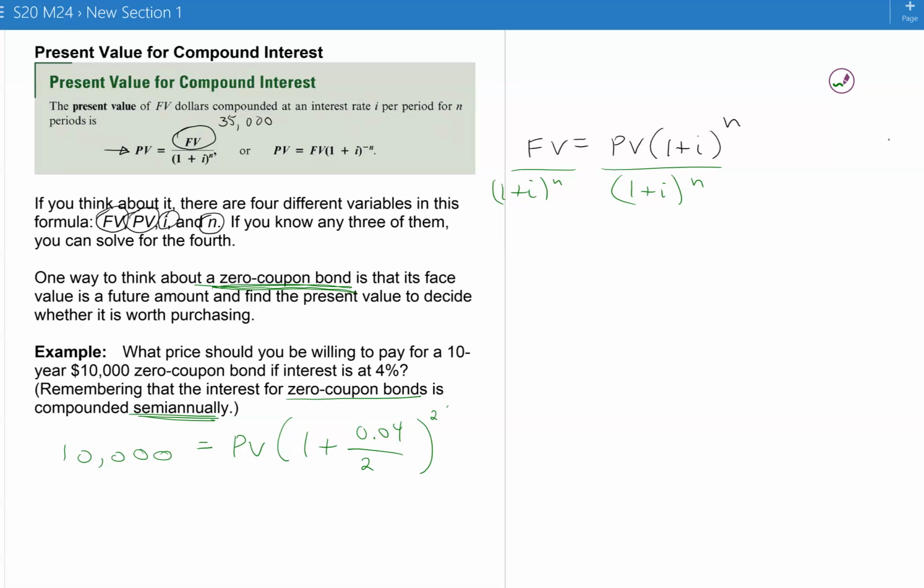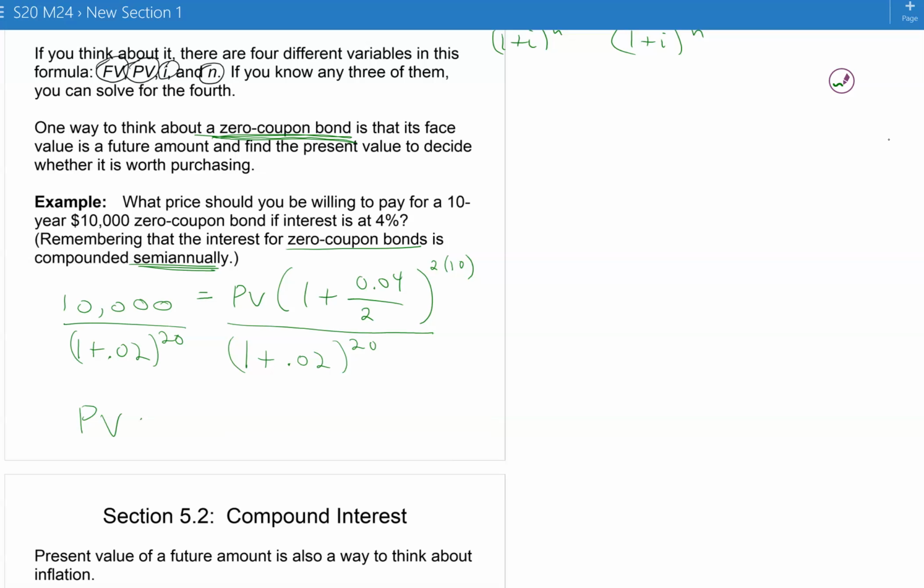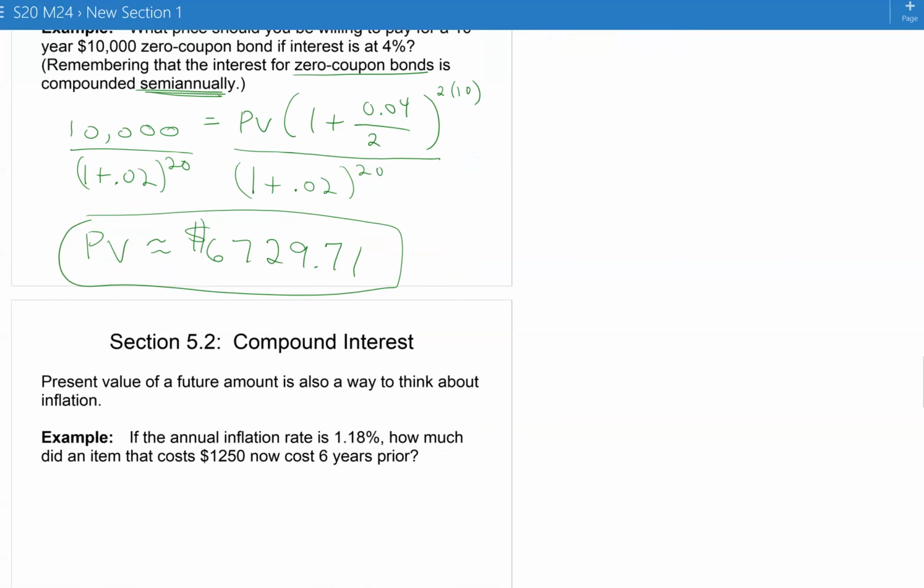And then it's 2 times each year for 10 years. So then see how you would divide both sides by this exponential part. I simplified it a little bit to figure out what the selling price would be, 6,729.71, that if the selling price is that much or less, I should jump on this because I'm going to get $10,000 at the end, and that's a reasonable amount.